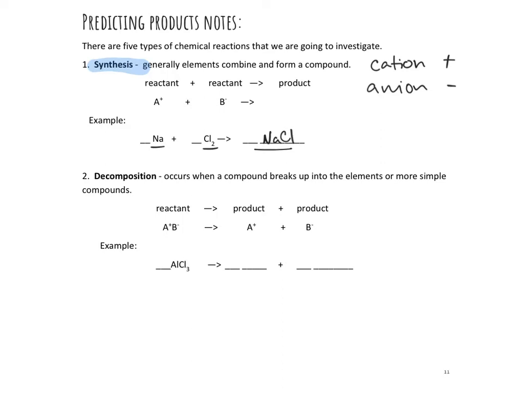And then after you're done writing down the products, you have to balance the whole thing. You can see we've got 2 chlorines over here on the left, 1 chlorine on the right, so we have to add another sodium chloride on the right hand side to make 2 chlorines on each side.